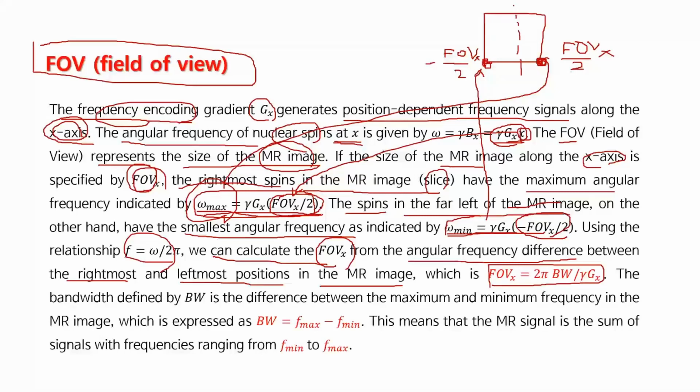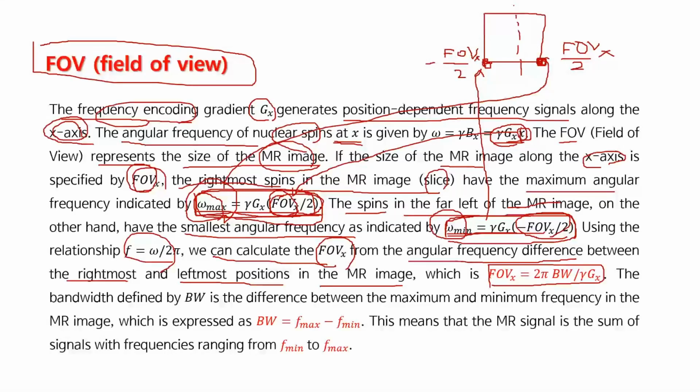This relation is obtained by subtracting these two equations. Then we can identify FOVx in terms of bandwidth, omega max minus omega minimum.